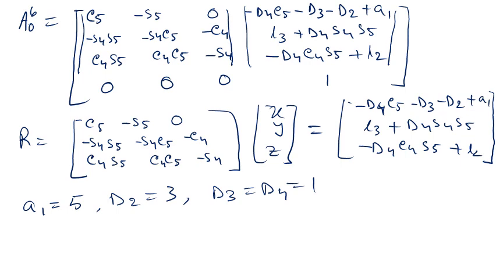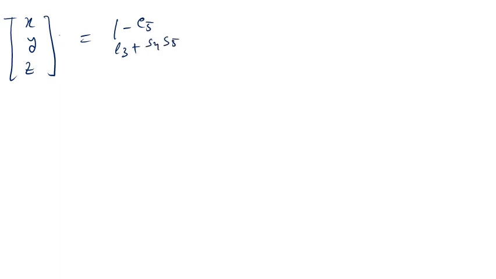So in this case, we can rewrite the whole thing for x, y, z. Your x, y, and z would be as follows: x equals 1 minus C5, y equals L3 plus S4S5, z equals L2 minus C4S5.